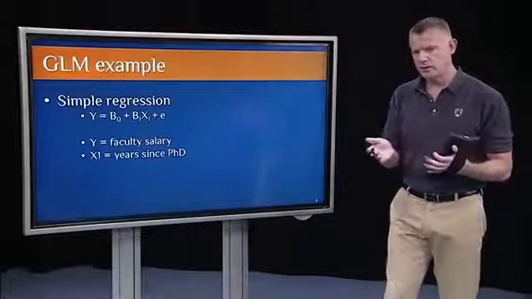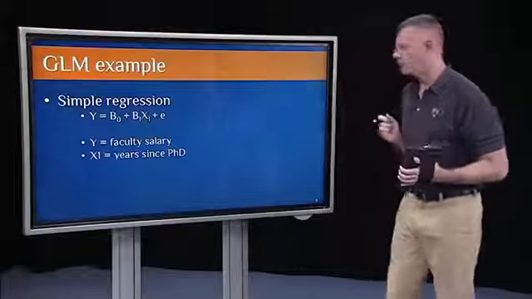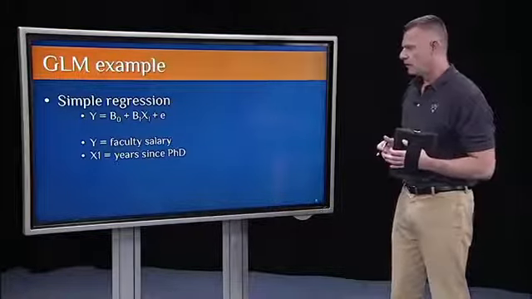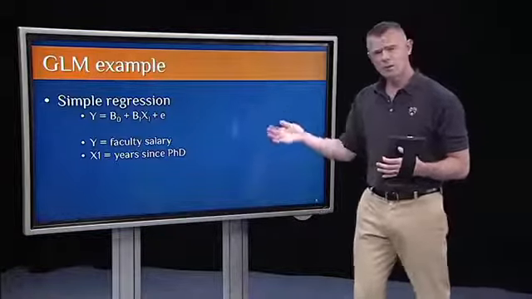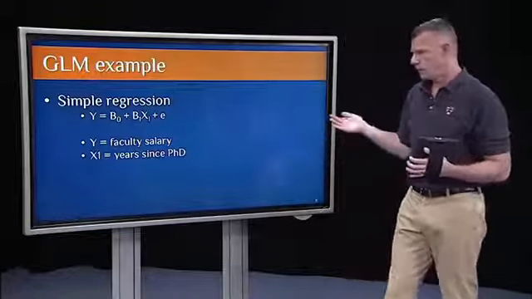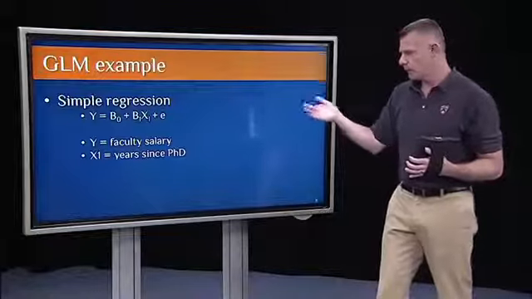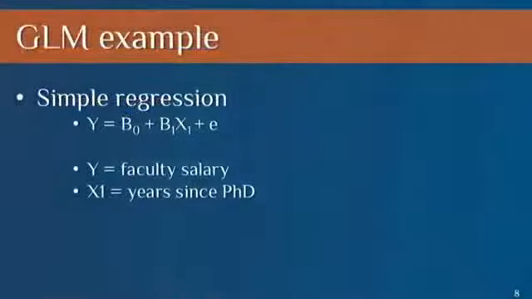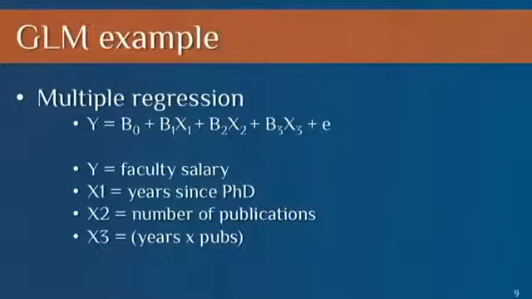So let's look at a few examples. This will help make this more concrete and explain the general framework. When we looked at a simple regression, we just had one predictor, one outcome. Faculty salary was the outcome, and years since PhD was the predictor. We could do a multiple regression and add in other predictors.